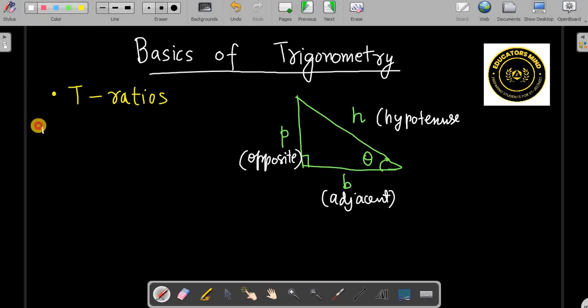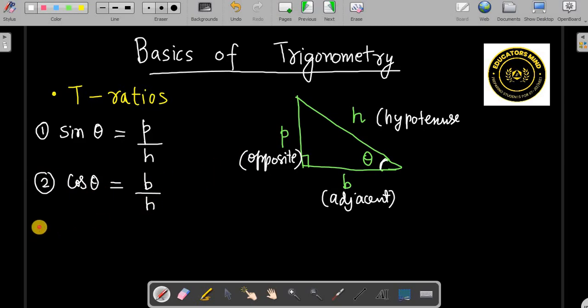Trigonometric ratios are the ratios of the sides. There are 6 trigonometric ratios. Sine theta, with respect to this angle in this right angle triangle, is defined as perpendicular by hypotenuse, P by H. Second is cos theta, defined as B by H, base by hypotenuse.